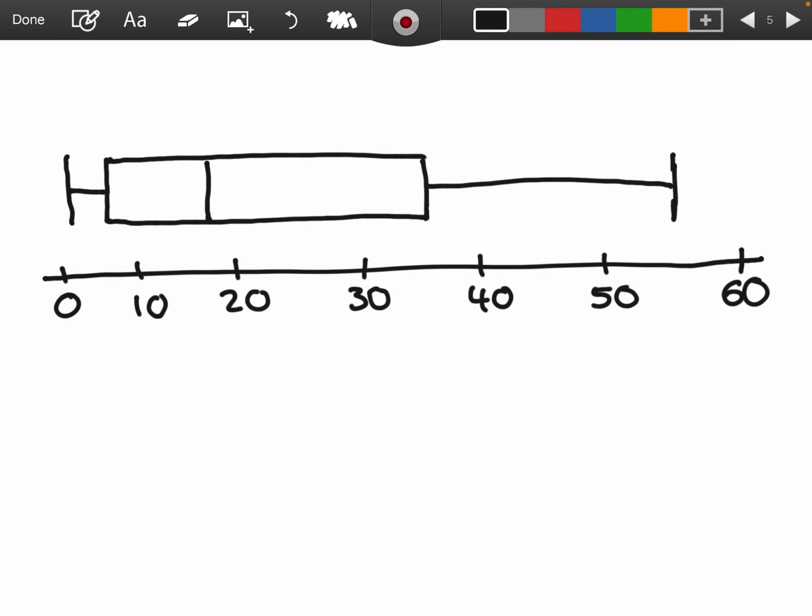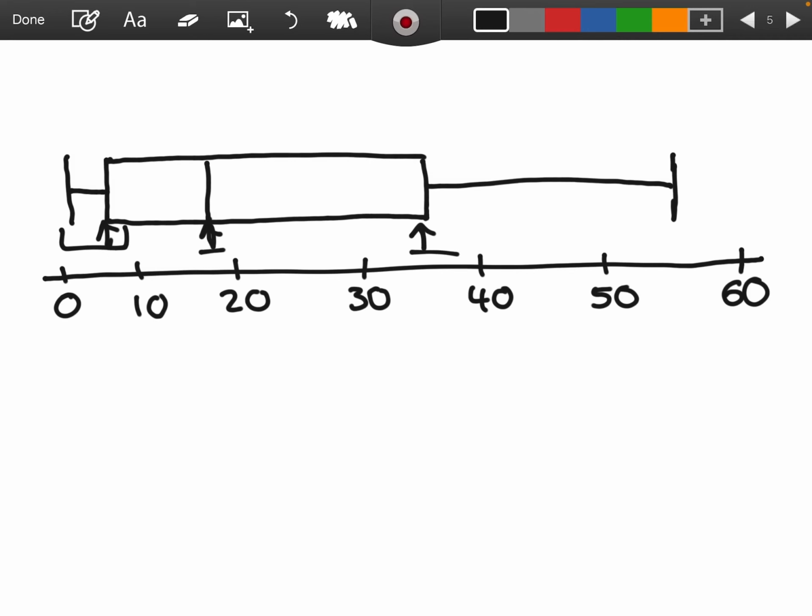Roughly 50% of your data is less than the median. So you should have about 25% of your data between this lower quartile here and the median. And then roughly 75% of your data should be less than the upper quartile. So there should be 25% of your data between this median and the upper quartile.